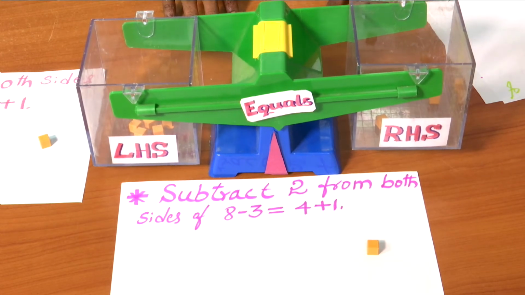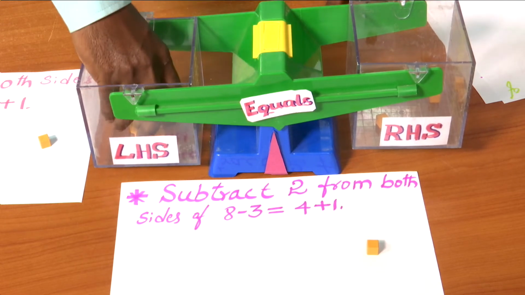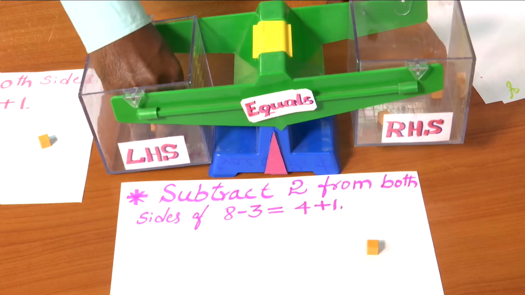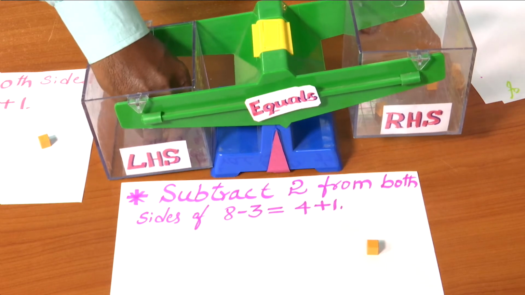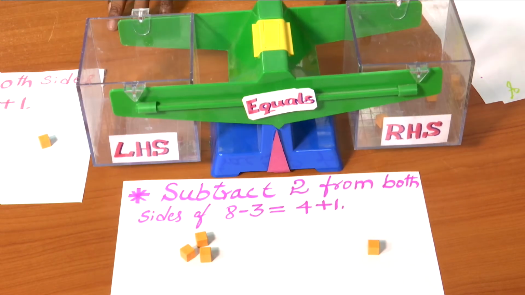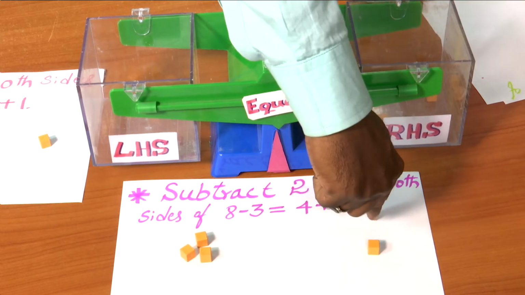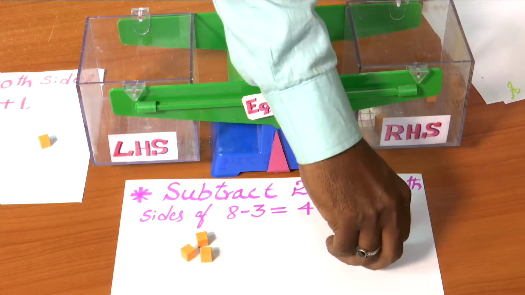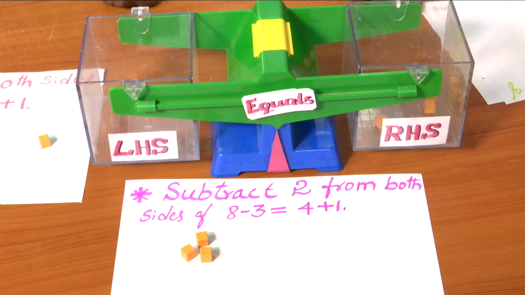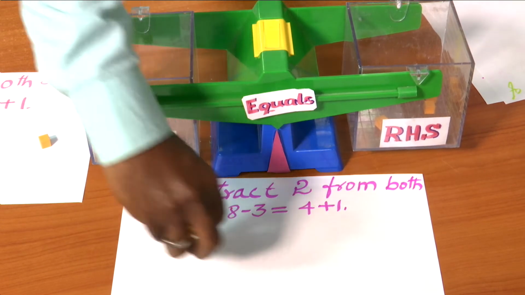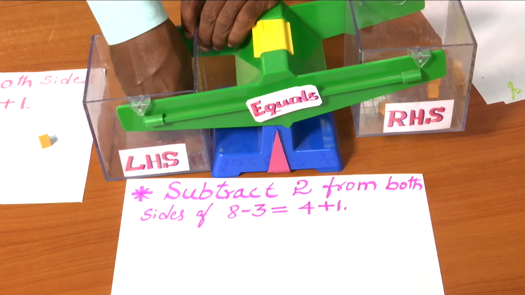What is the operation? Minus 3. Minus 3 means pick out 3 from the 8 on the left side. Next, plus 1. Plus 1 means put in to the RHS. Then the equation is balanced. On both sides there are 5 cubes.